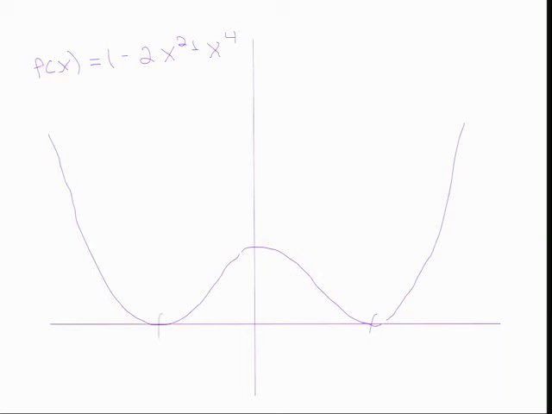The minimum value of this function is 1, so J star would be 1. But then argmin would be plus or minus 1. So I have two distinct notions of what the solution is: the value, and then the input that achieves the value. So that's a case where I have a finite number of optimizers. Another one would be something like this.